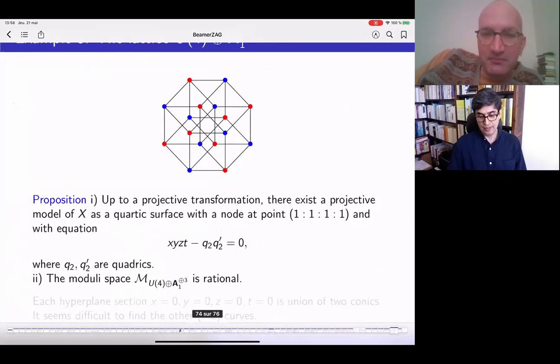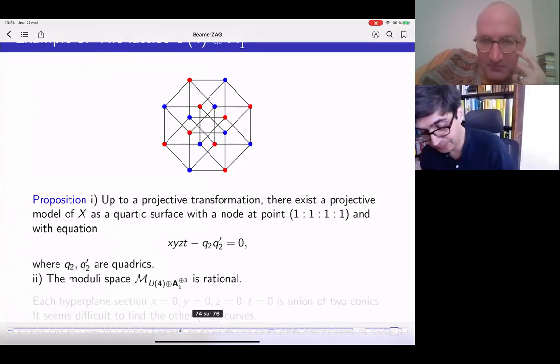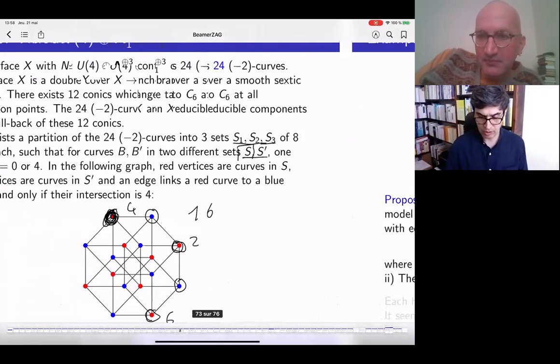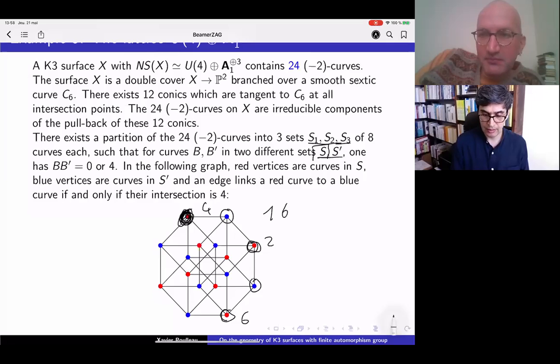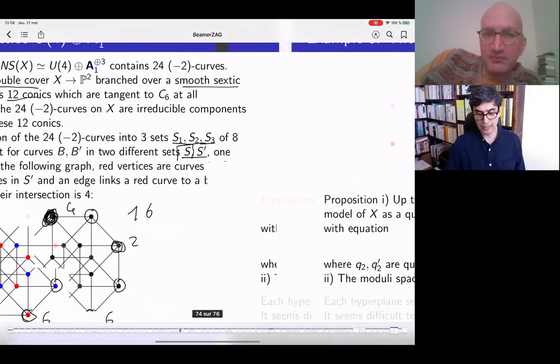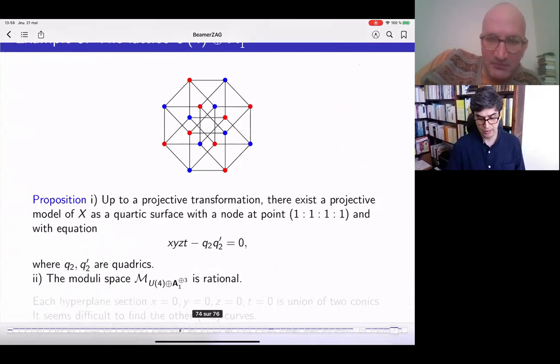Okay, and now, so here I gave a description as a double cover. Sorry, I'm coming back. I gave a description as a double cover, which is branched over a smooth sextic curve with 12 conics, which are particular, but I don't know how to construct these 12 conics on the plane. However, I can consider another model.